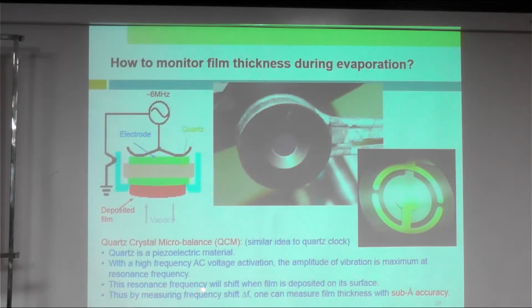Then this resonant frequency will shift when film is deposited on the surface. When the thickness changes, the frequency will shift. So that's where you detect the thickness of the deposited film. Thus, by measuring the frequency shift, delta F, one can measure film thickness with sub-Angstrom accuracy.